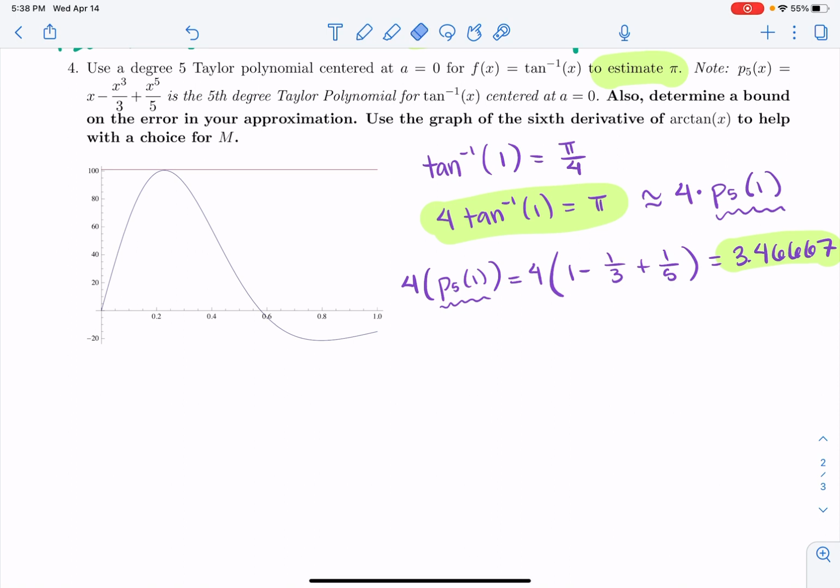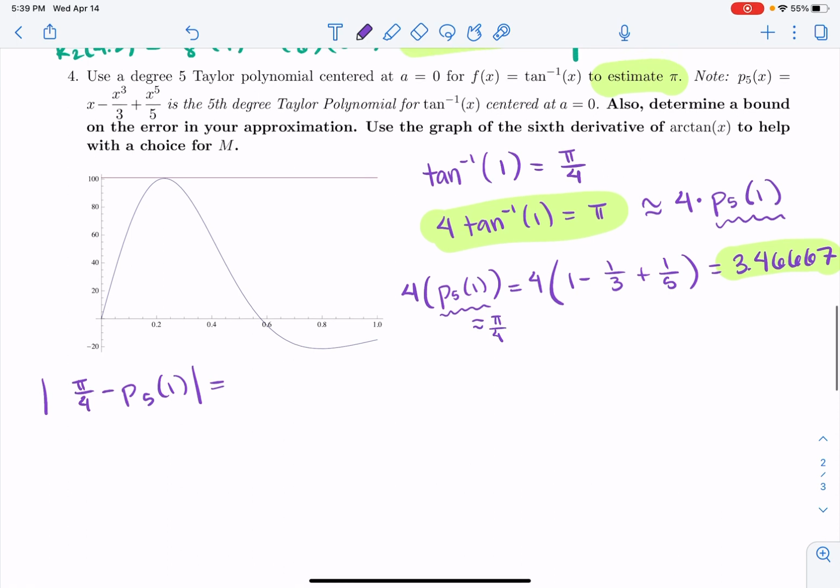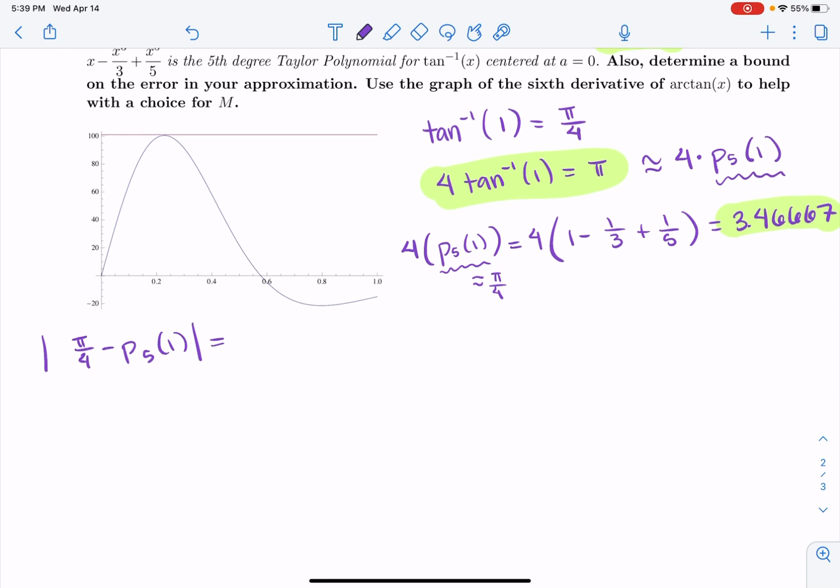Let's first find the error in pi over 4 minus p5 of 1, because p5 is approximately pi over 4. So we'll find this error first, and then we'll have to multiply it by 4 to get the error in our pi approximation.